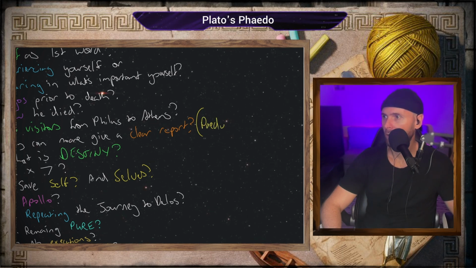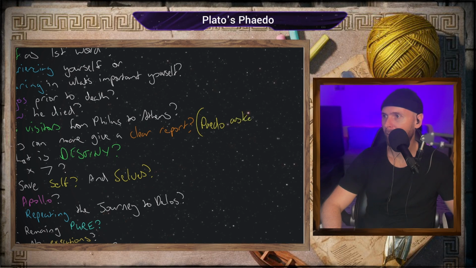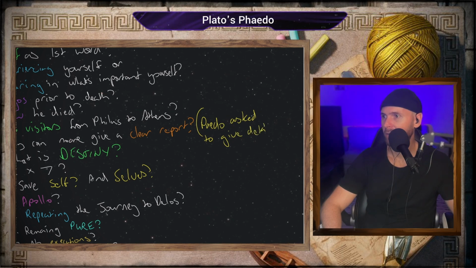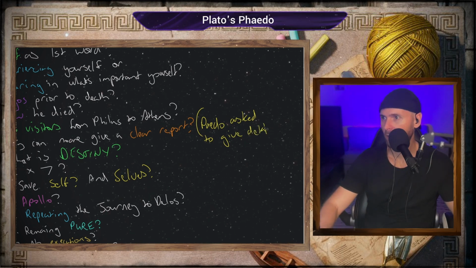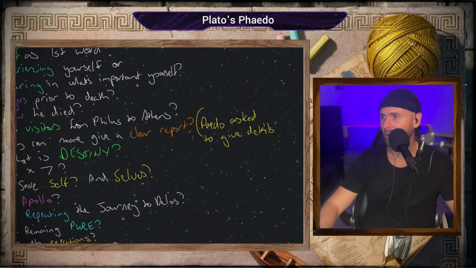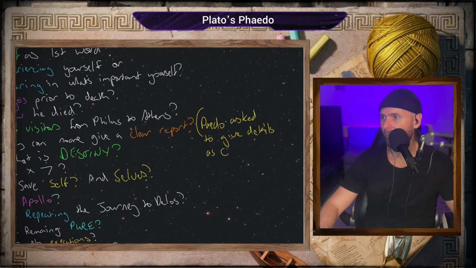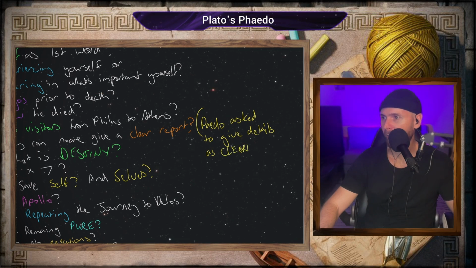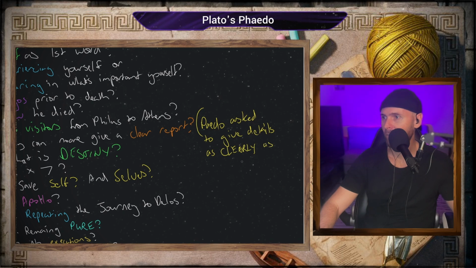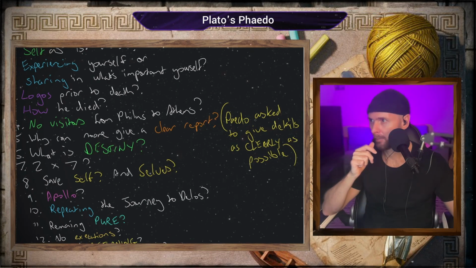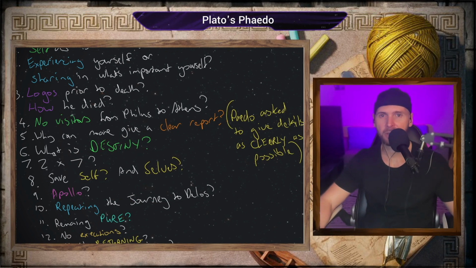Phaedo asked to give details as clearly as possible. It's number 5. Significance of giving a clear report.